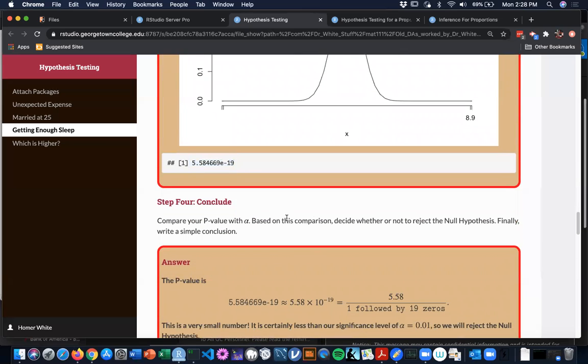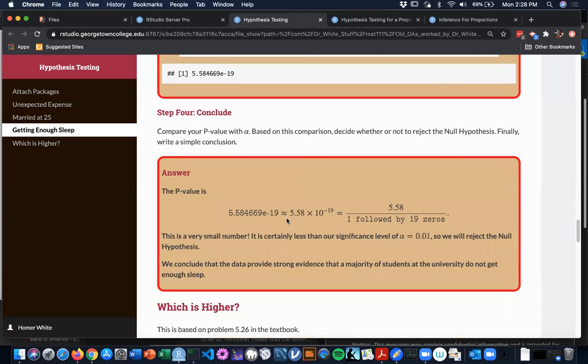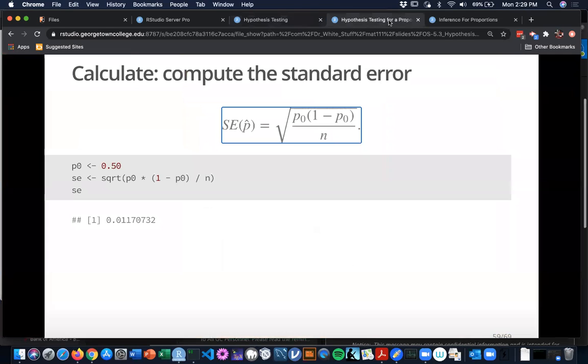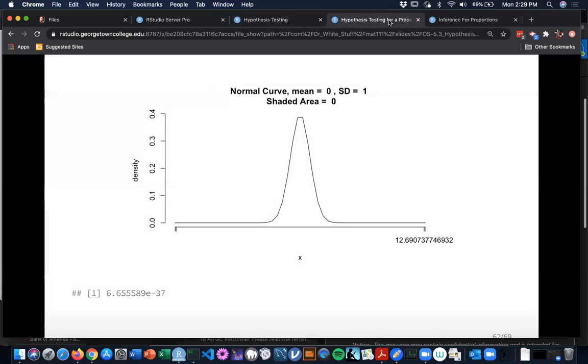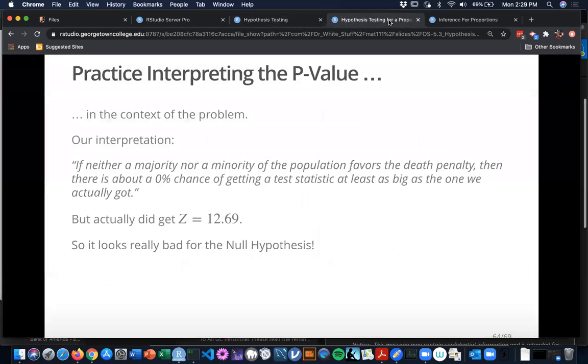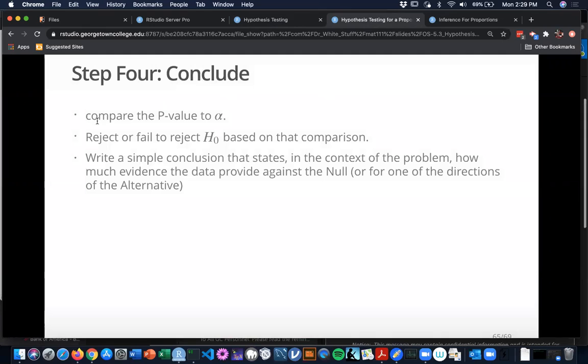Now we need to make some conclusions based off of this. Before we can make a final conclusion, we need to decide what to do with this null hypothesis. And so you need to compare, and looking at the slides, you need to compare the p-value to the level of significance.